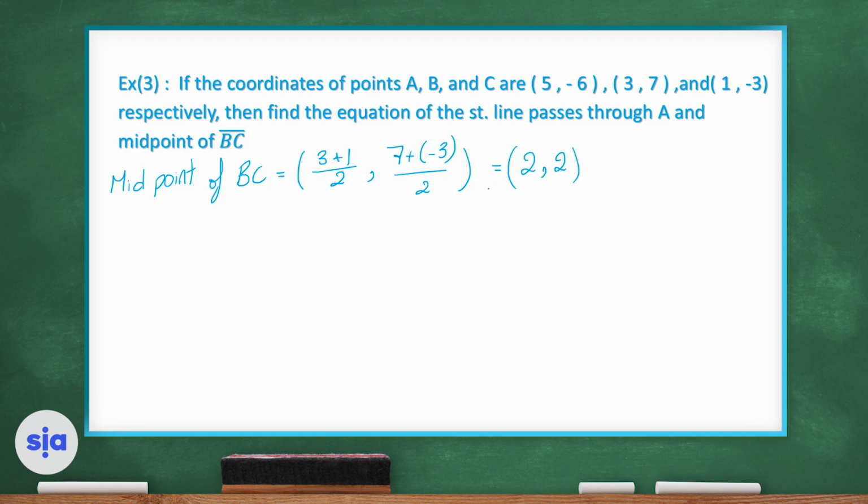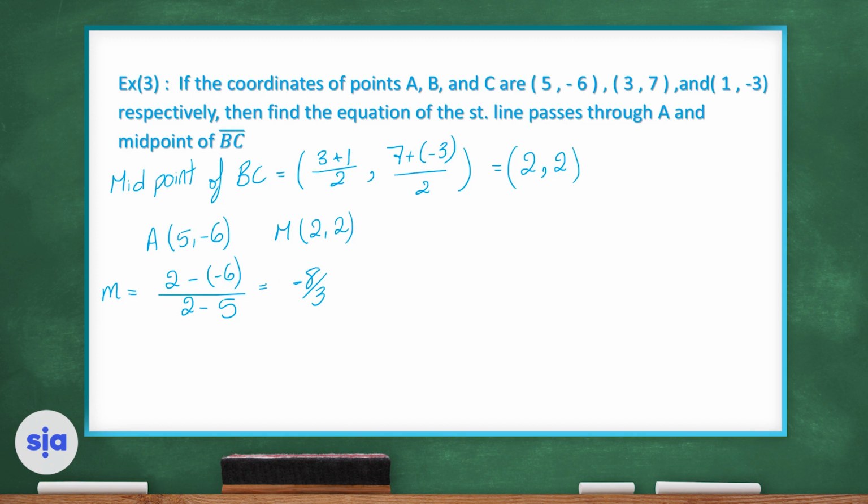Then, to find the equation of the line that passes through A, whose coordinates are (5, negative 6), and the midpoint of BC, which we'll call point M, (2, 2): first of all, we find the slope. The slope is y2 minus y1 over x2 minus x1, which is negative 8 over 3.